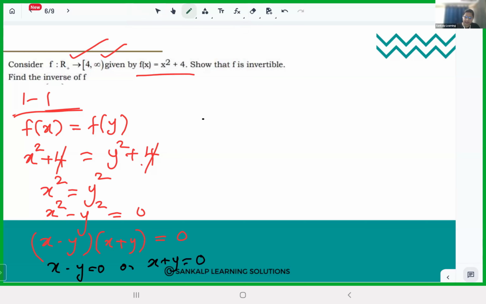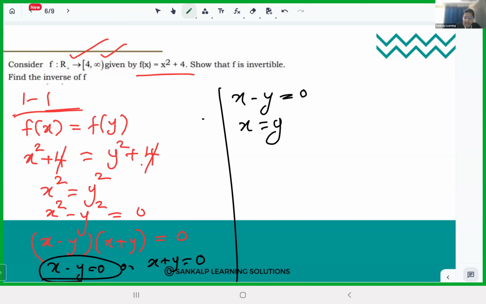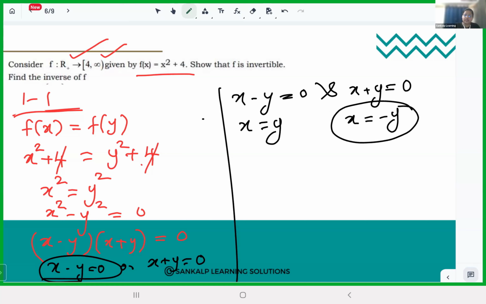Both cases are possible. From x minus y equal to 0, you get x equal to y. And if x plus y equal to 0, you get x equal to minus y. But is that case possible?